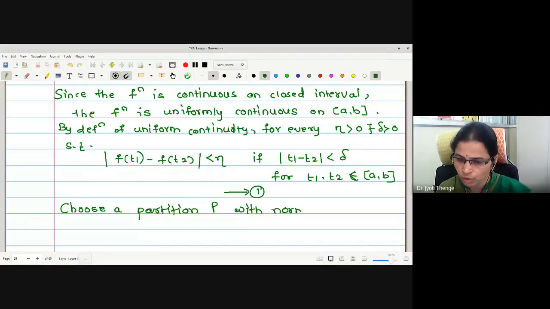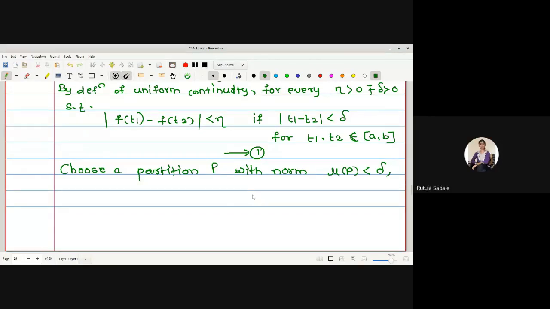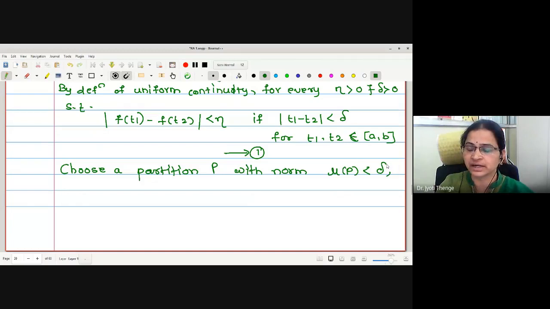Whenever I'm saying norm P is less than delta, what is the norm definition actually? Length of the largest subinterval is less than delta. What about the remaining subintervals? This still holds.